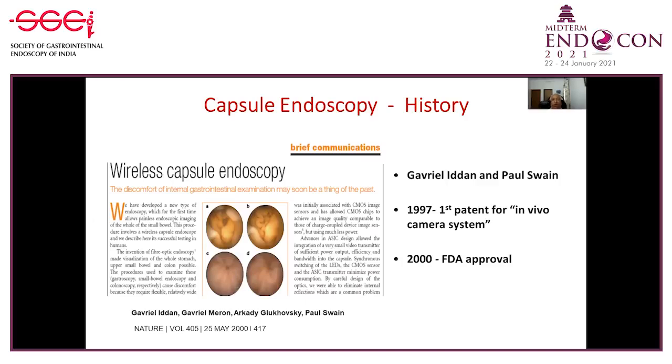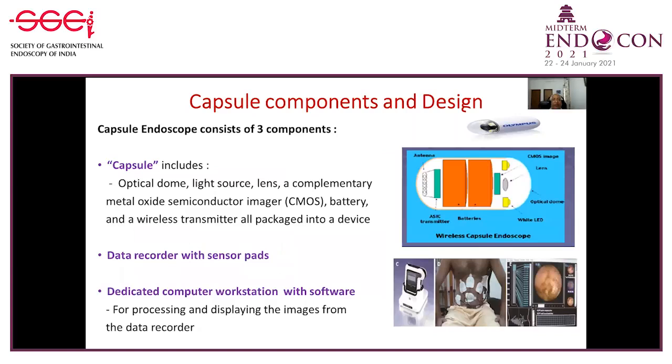Going on to the components and design of the capsule, it consists of three components. The capsule itself has an optical dome, a light source, a lens, a complementary metal oxide semiconductor imager, CMOS, battery, and a wireless transmitter, the ASIC transmitter, all packaged into a small capsule.